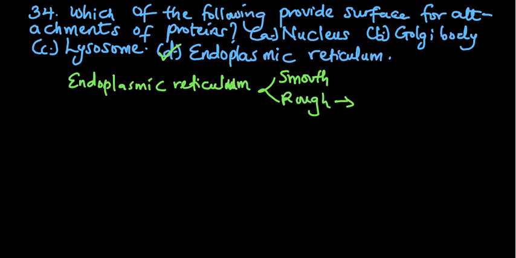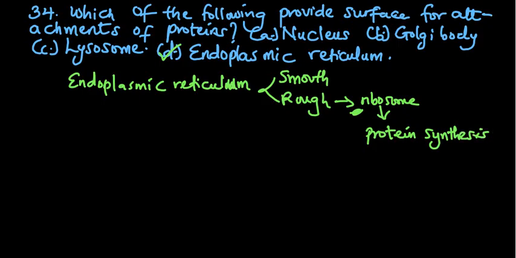The reason we call it rough is because we have ribosomes on top of it. That's why we call it the rough endoplasmic reticulum. Now what's the function of ribosomes? They produce protein; they are responsible for protein synthesis. That's why the question says which of the following provides surface for attachment of protein.